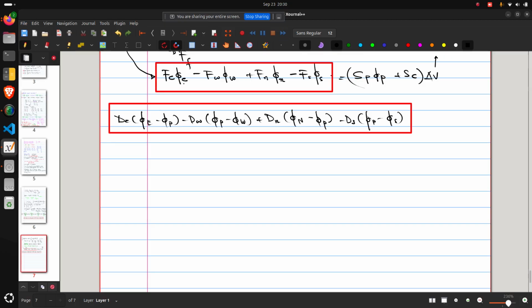But before that, we do not know the values of phi at the faces, east, west, north and south. We only know the values at the cell centers, the capital E, capital W, capital P, capital N, and capital S. So how do we get these face center values? One simple approximation is we will take the average of the two neighboring cells.